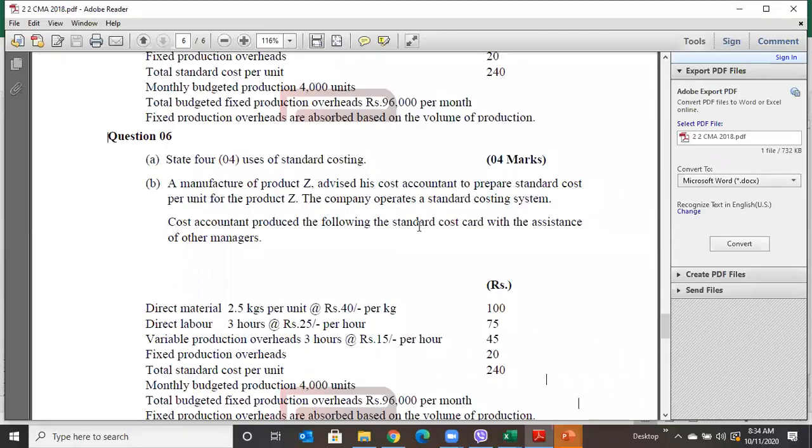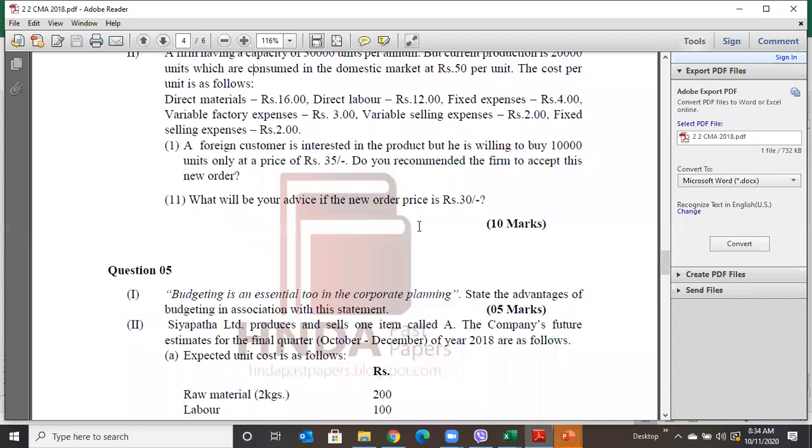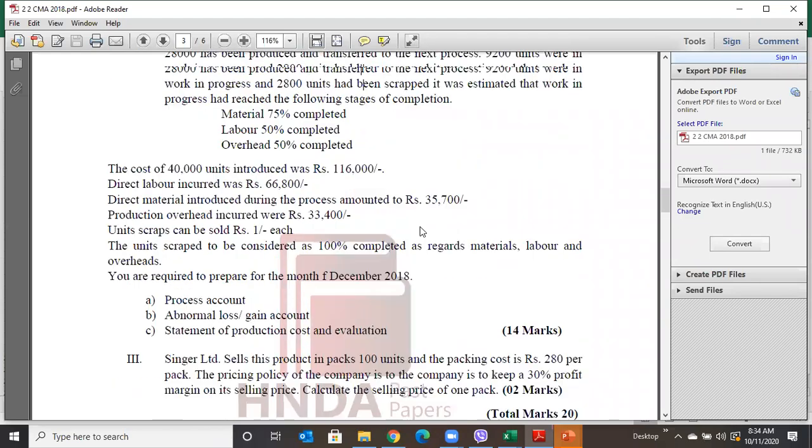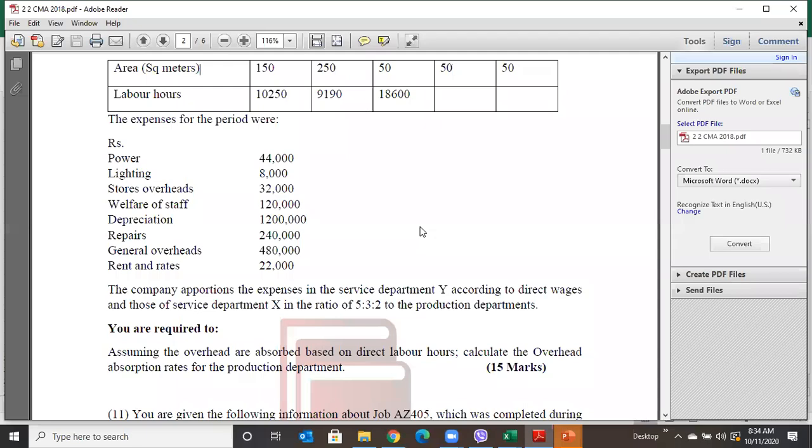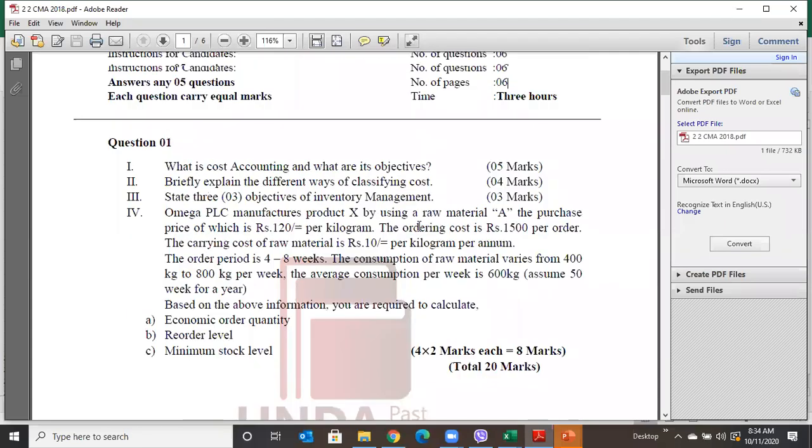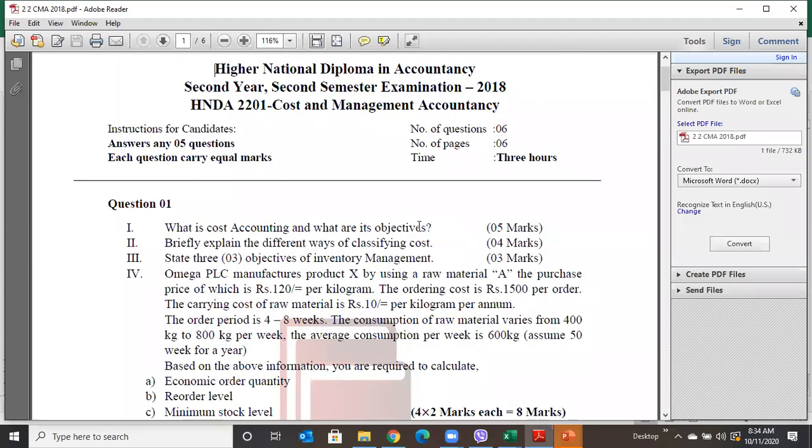Today I am trying to complete this one with the part-time and full-time. Sometimes I may have to take another session to complete. Anyhow, let's try. It will be easy if you have this past paper with you.